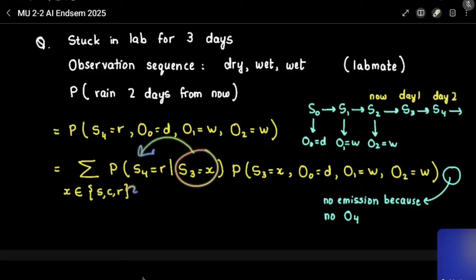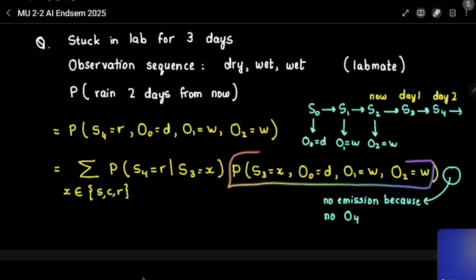So S3 could be sunny, cloudy, or rainy. And that is why summation is there. This is transition. And then you have to find the probability of S3 and all the observations until day 3. But then observations are only until day 2. Day 0, day 1, day 2 observations are only there. So there is no emission because O4 is not there. You only have until O2.